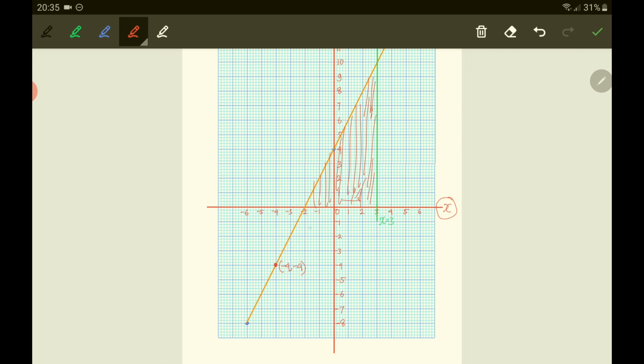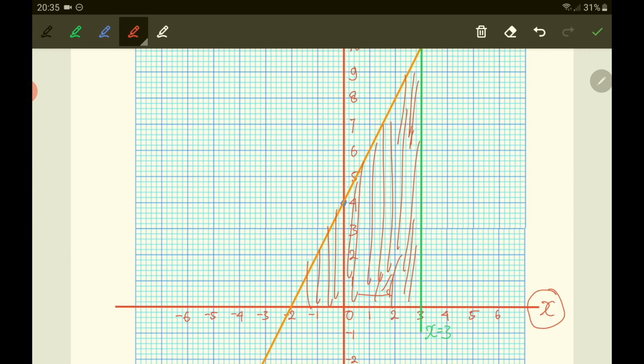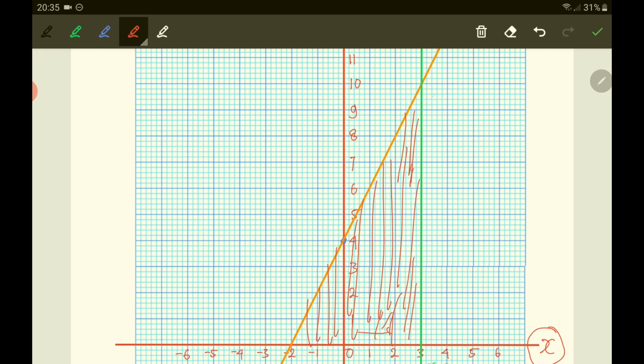You can see the base is from -2 until 3. We can just count 1, 2, 3, 4, 5, so there are 5 units. The height is 10.